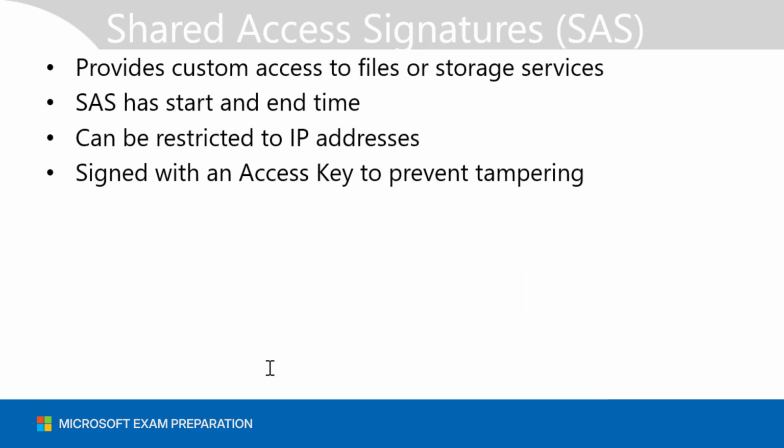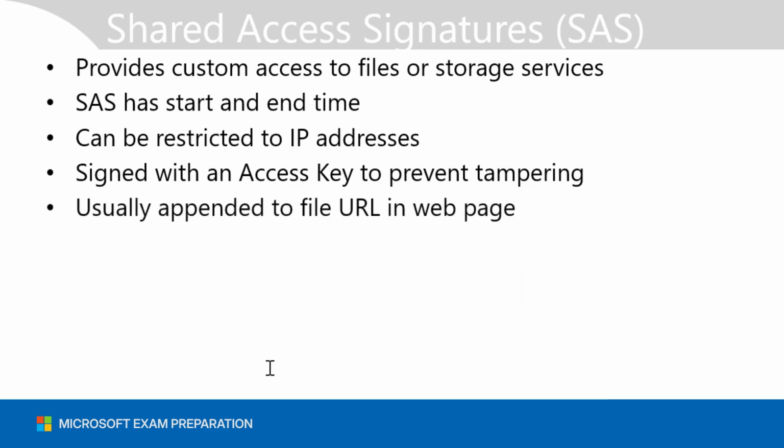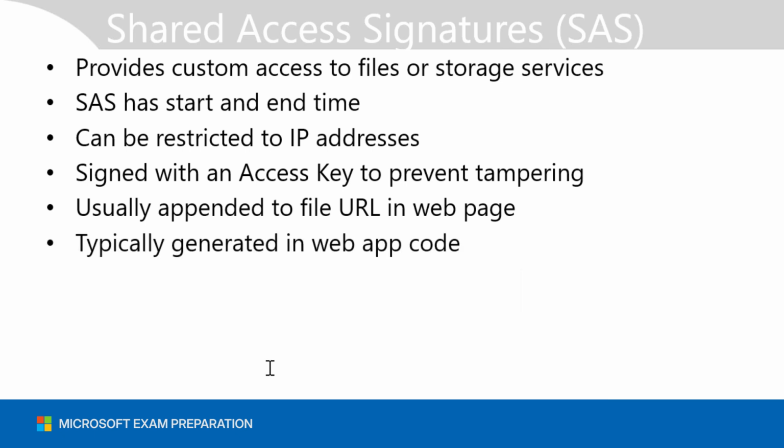An SAS is signed with an access key. So that prevents someone from modifying the SAS after it's been given to them. They're often appended to the file URL that's in a web page. So the URL itself to the blob has the SAS appended, and the SAS then can be validated by Azure to determine whether access is allowed.